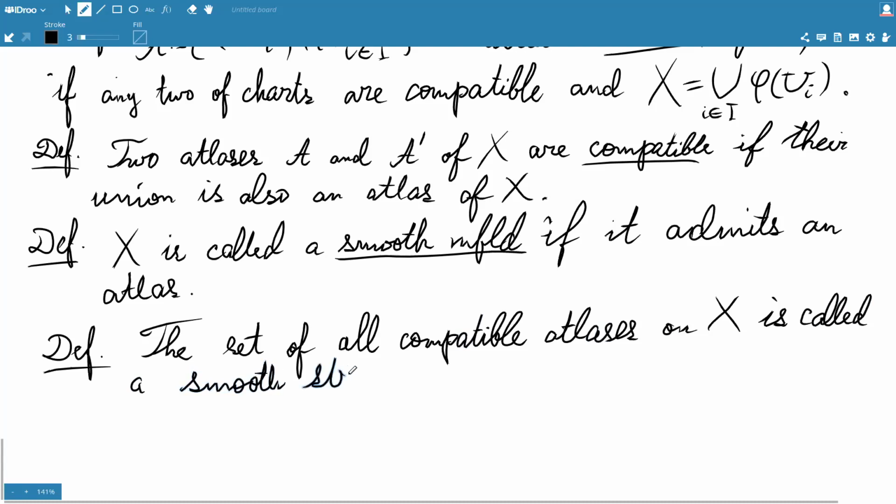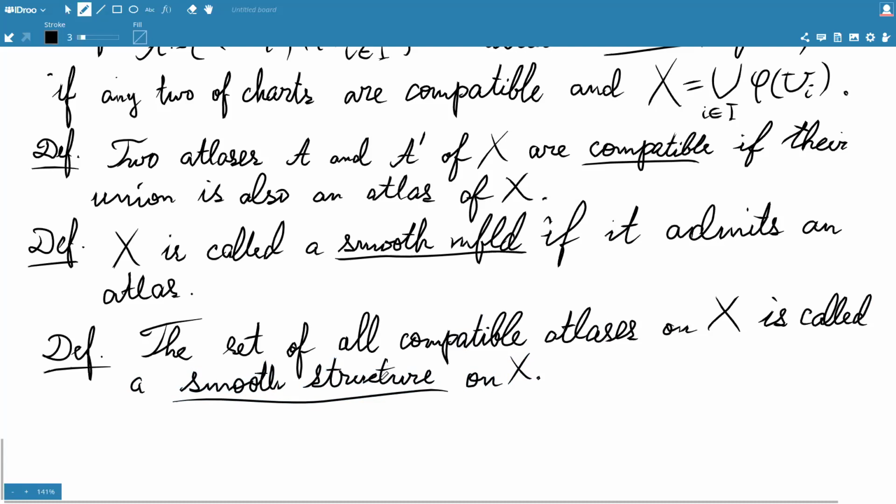Smooth structure on X. So by smooth structure on X, we mean X with any of the set of compatible atlases on it.